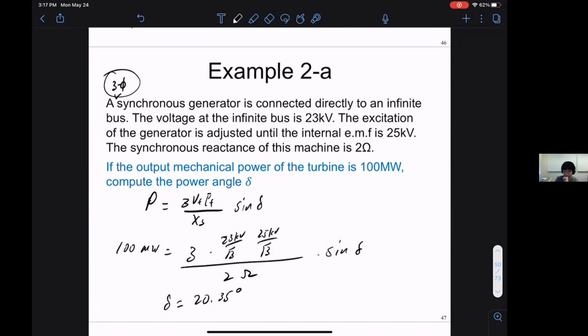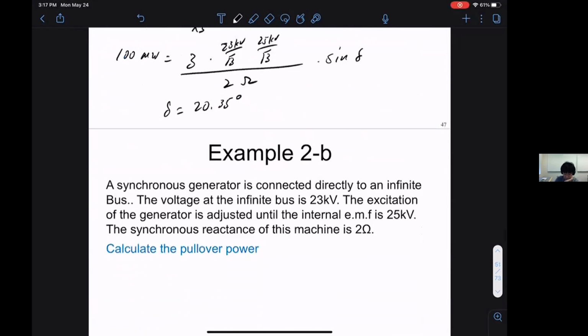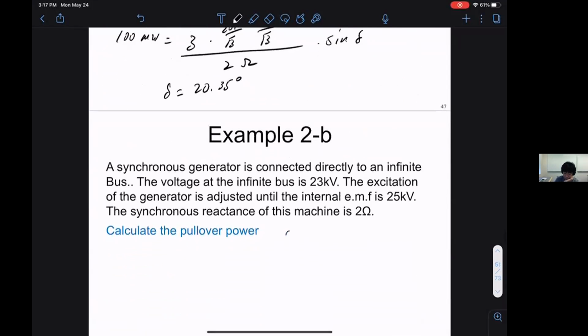Any other questions? Okay, so this is computing the angle. We can also compute the pullout power. Pullout power is equivalent to saying compute the maximum power delivered.